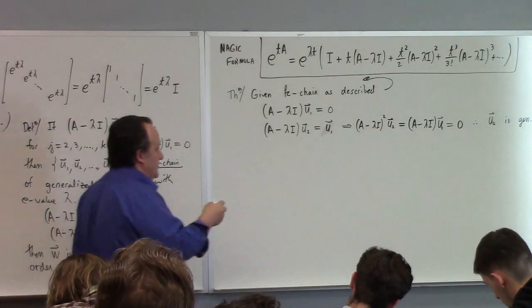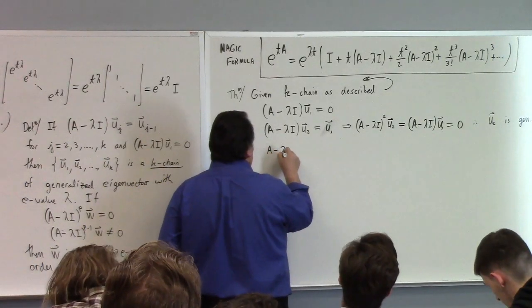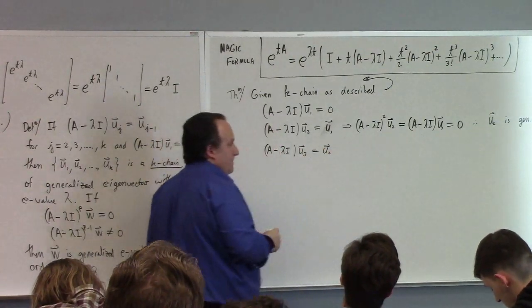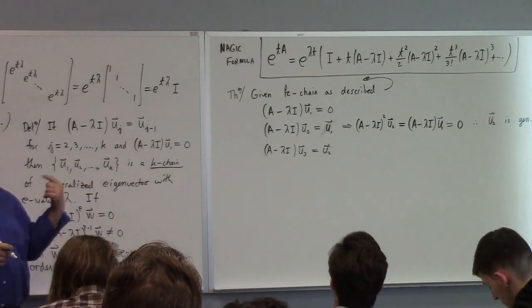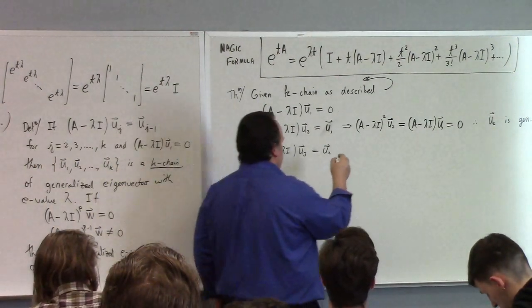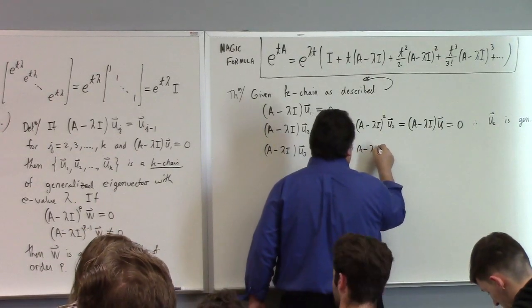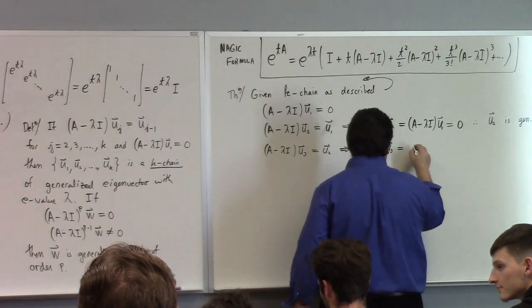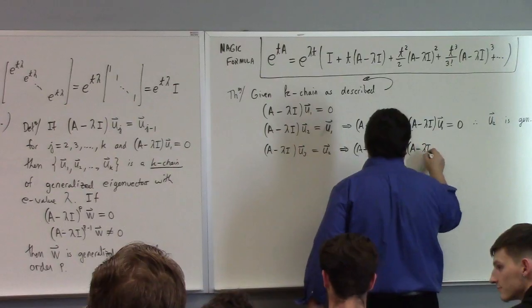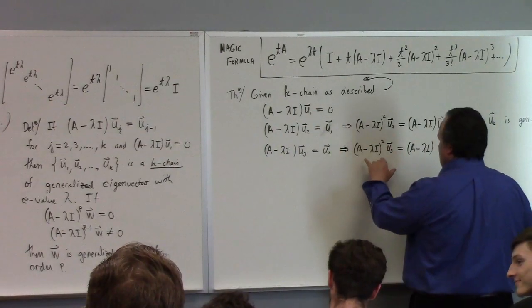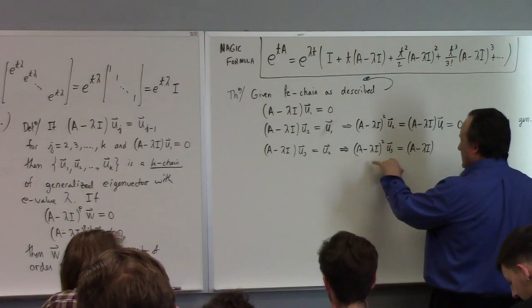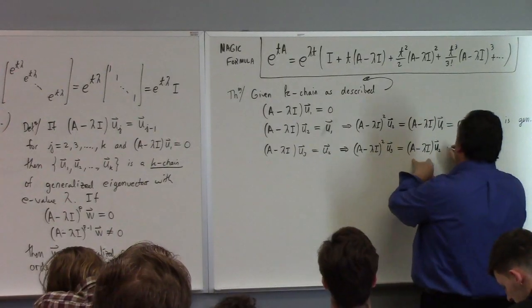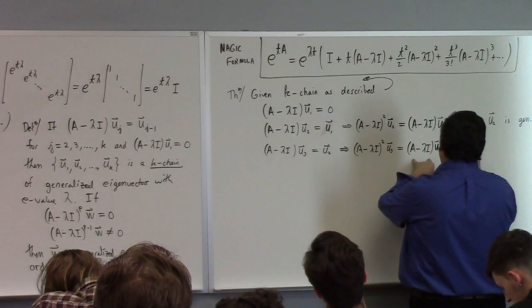What do you guys think happens with u3? That's given to be equal to u2, right? What happens if we take that equation and multiply it by A minus lambda I? What's it give us? So that's (A minus lambda I) squared acting on u3. Well, that gives me this, right? But what's this? This is equal to u1.